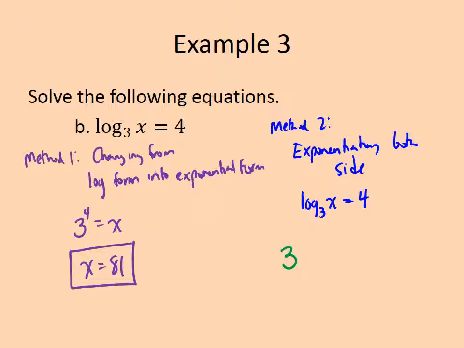So 3 to the log base 3 of x equals 3 to the 4th. Since we know, using the inverse property, that we have 3 to the log base 3 of x, that just becomes x. And then 3 to the 4th is just 81.